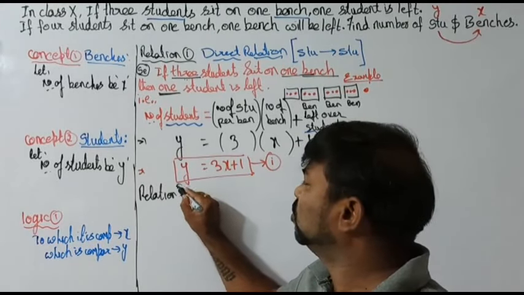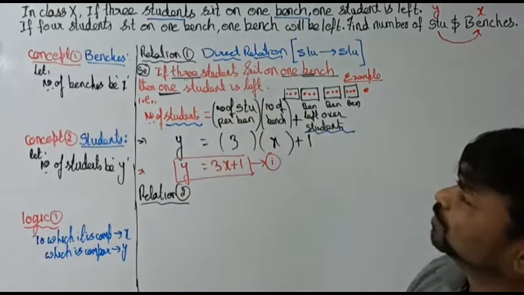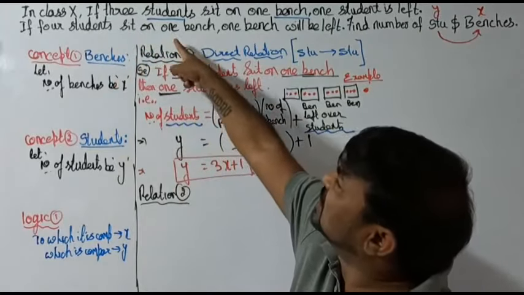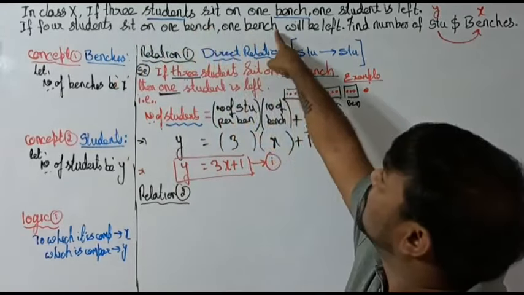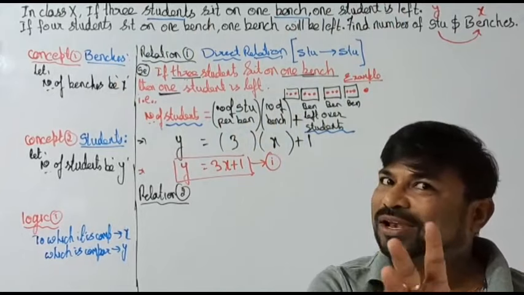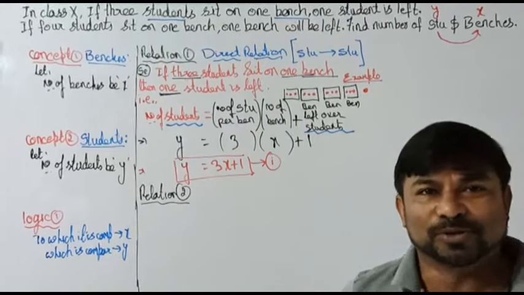Relation 2. What has he given in relation 2? If 4 students are sitting on one bench, one bench is left. While reading the question itself, you should be able to catch that.